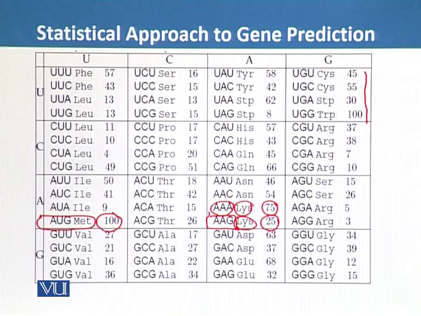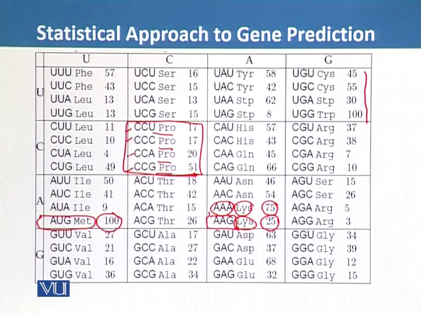Similarly, in this block there are 4 different codons, and all 4 codons code for the amino acid proline.